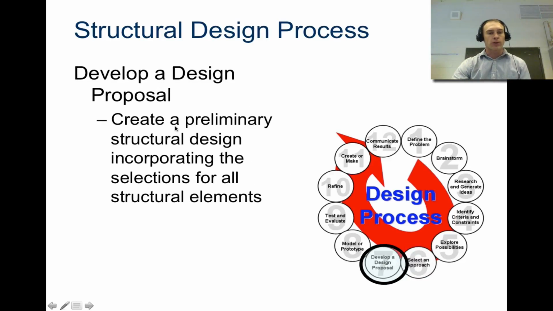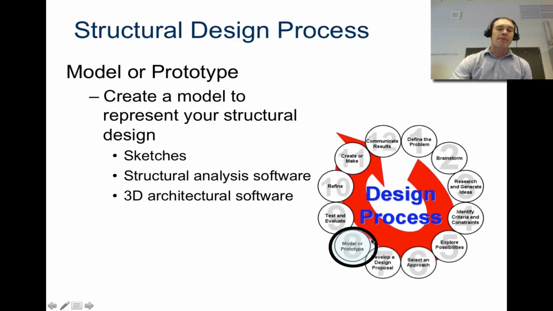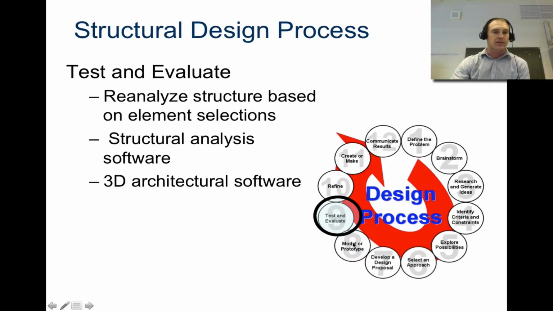So they develop the proposal and create the plan for it, so that's here. Then, instead of modeling or making a prototype, they do it in something like Revit design software. That model or prototype might actually just be the 3D model that they're creating. So that's often what you end up doing, the 3D architecture software in the model or prototype phase. Then there's testing and evaluating.